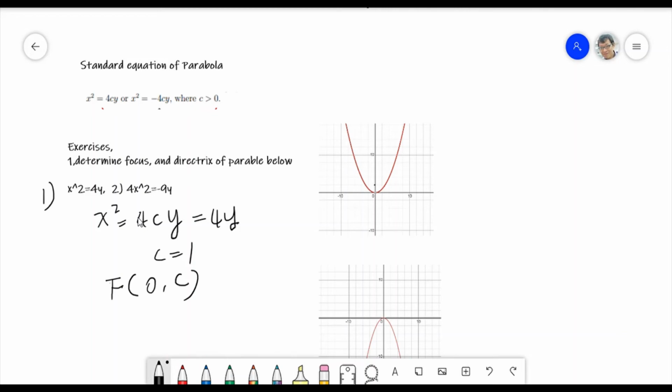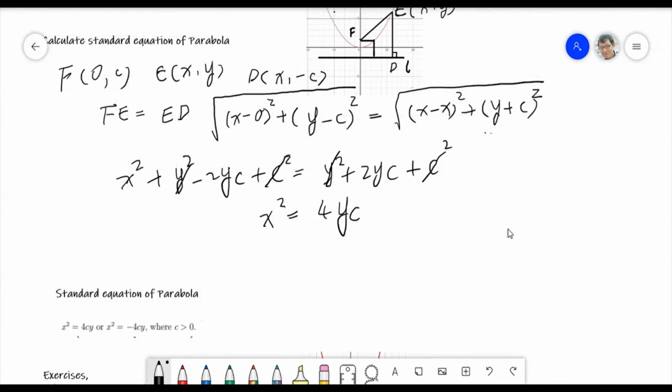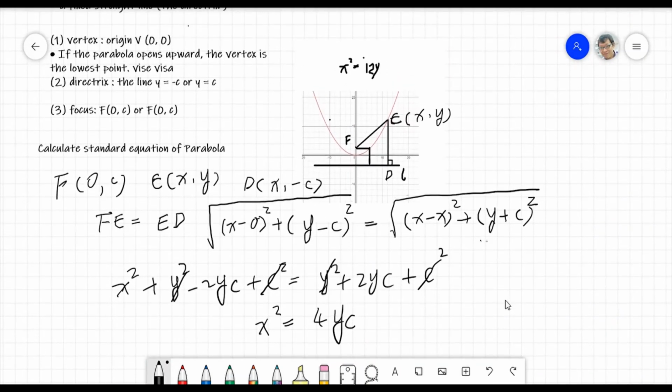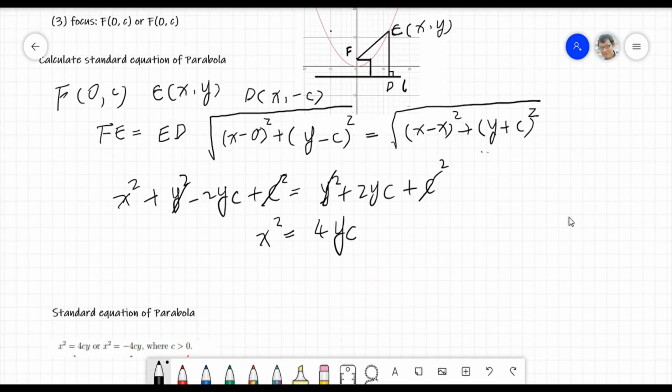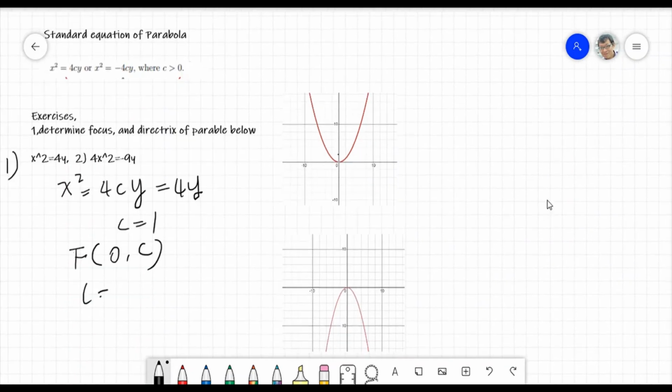Okay. So what is the directrix? So L equals to, let's check the formula here. Negative c, right, or positive c. y equals to negative c.